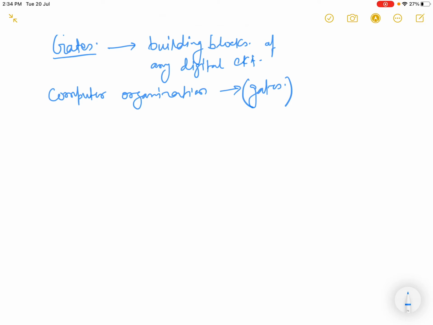Okay. So there are two types of gates. One is basic gates and another is derived gates.